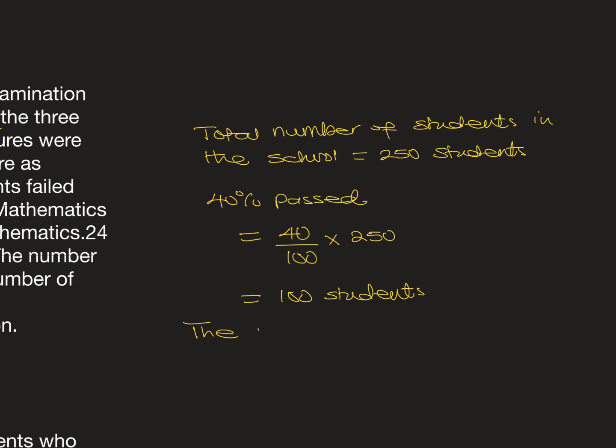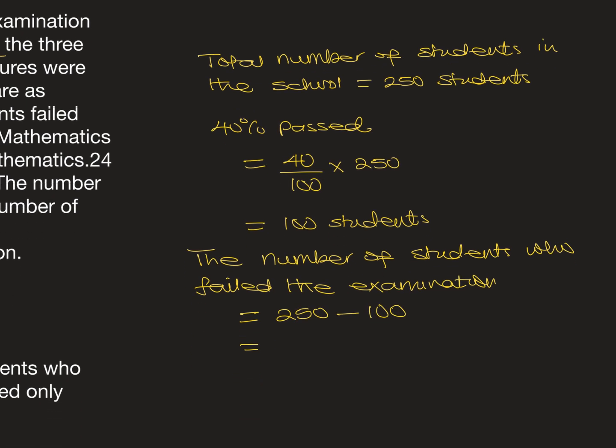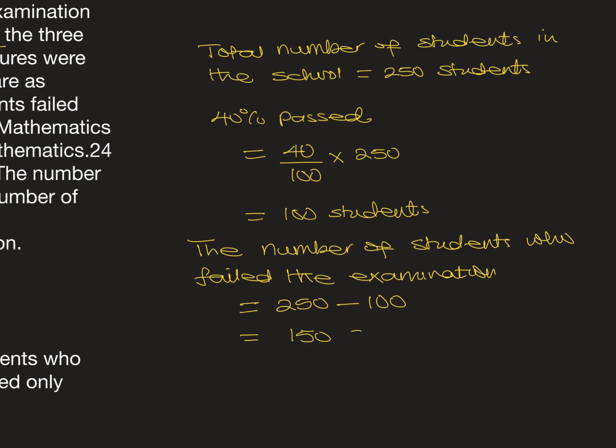The number of students who failed the examination can be calculated as 250 minus 100, and that will give you 150 students.